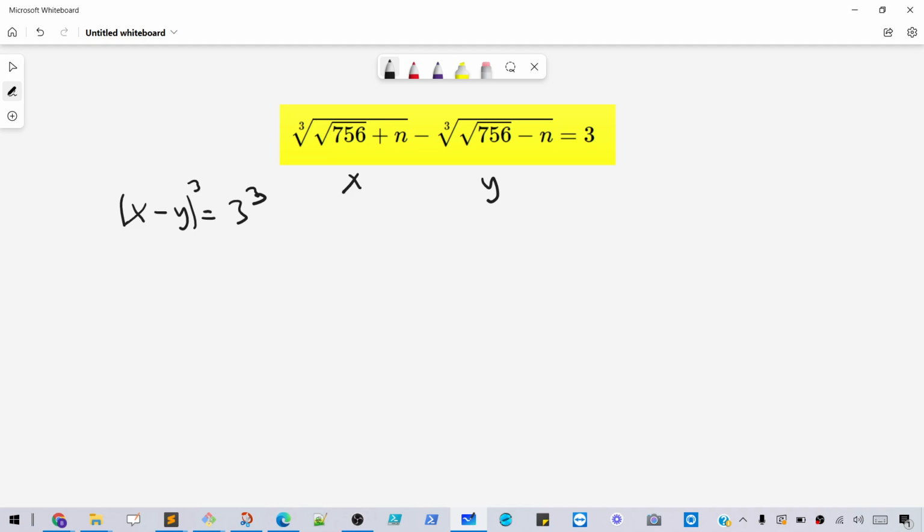What we're going to get then is x cubed minus 3xy times (x minus y) minus y cubed equals 3 cubed, which is 27.